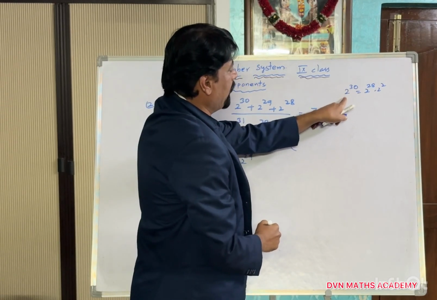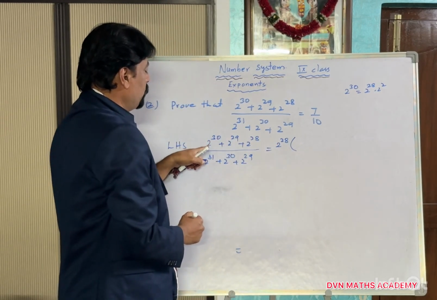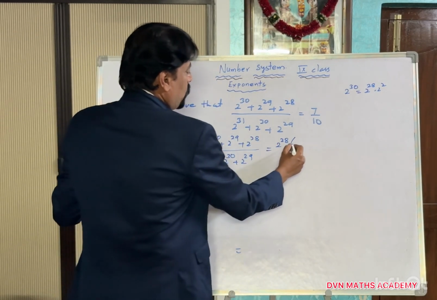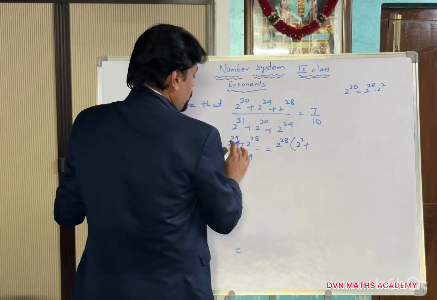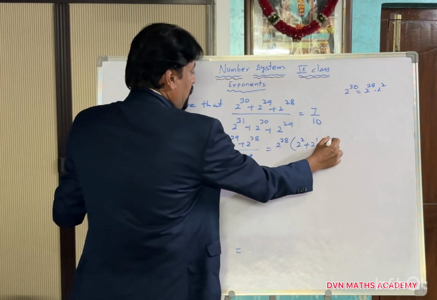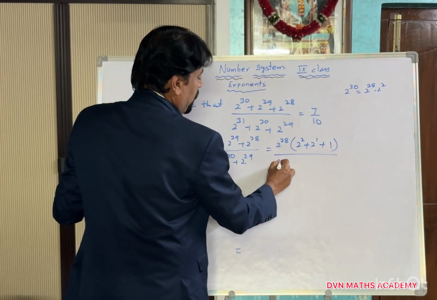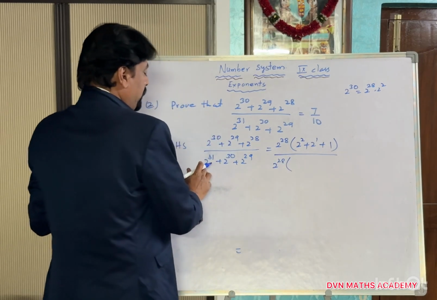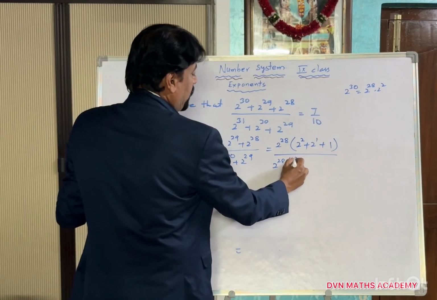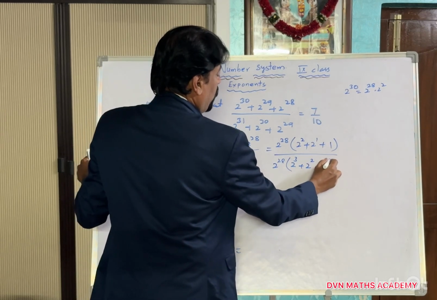So if we take 28 common from 2 to the power of 30, you will get 2 square. From this you will get 2 to the power of 1, and 2 to the power of 28 is common, you will get 1 here. In the denominator also, if you make 2 to the power of 28 common, this becomes 2 to the power of 3 plus 2 to the power of 2 plus 2 to the power of 1.